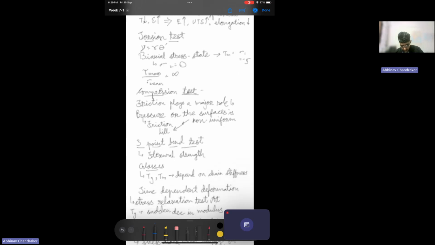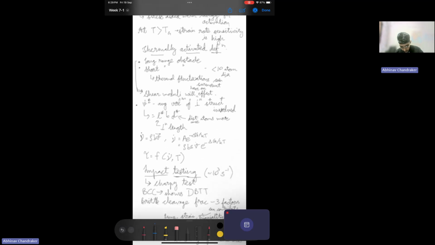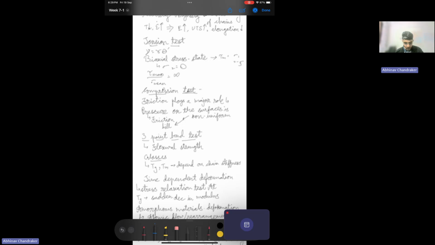Then there are multiple tests which are important when it comes to mechanical testing of materials. Let's quickly go through. Torsion test, so basically rotation of a body with a fixed end, and this leads to a biaxial stress state.